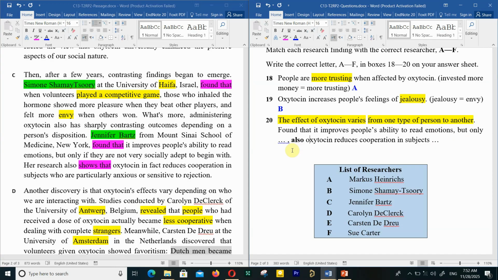So the effect of oxytocin varies from one type of person to another. I know that this is a hard question. This is hard to find, but I think with this writing I'm going to make it easier for you to understand why I choose C for this question. So C is the right answer for question 20.